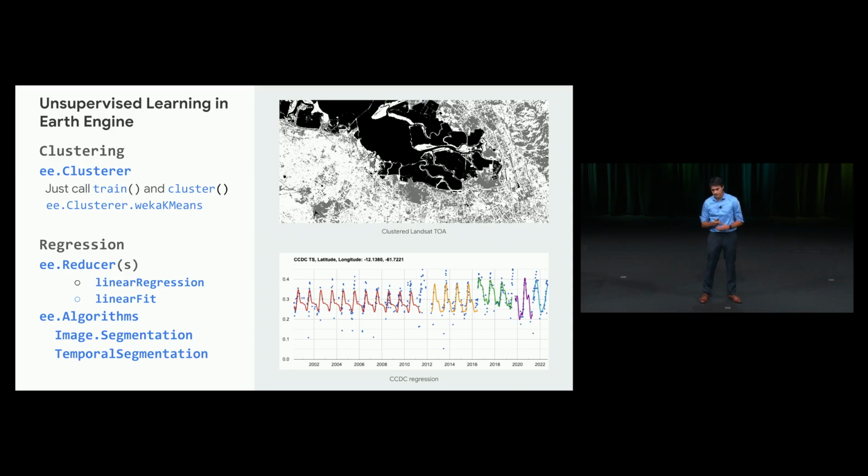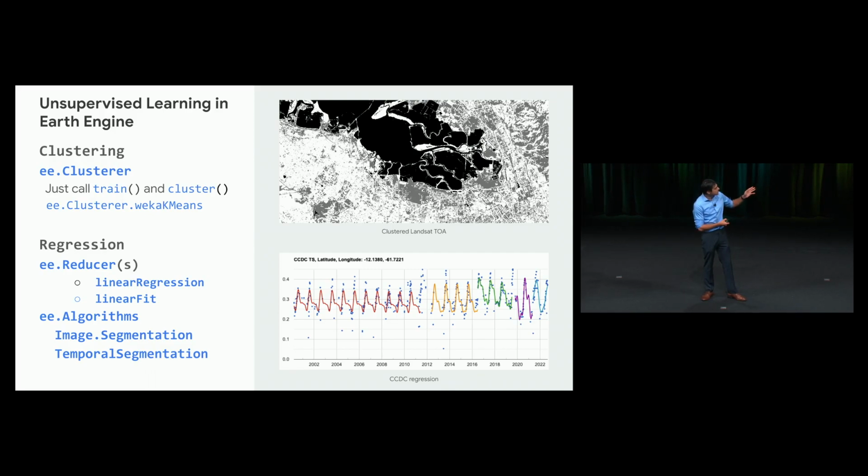For unsupervised learning in Earth Engine, we have quite a few offerings, and they're not all categorized under the classifier object. In this particular case, we have a bunch of algorithms under cluster. We have a lot of things from Weka, so Weka k-means. We also have regression under both ee.Reducer and some specialized algorithms under image segmentation and temporal segmentation.